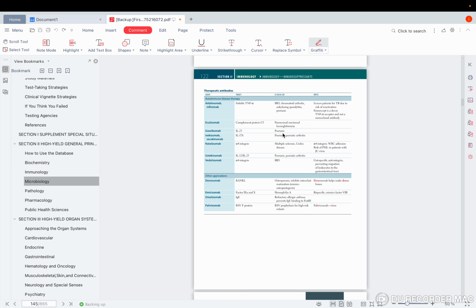I'm asking, if somebody has HIV and it's really bad, like he's in a state of AIDS, and then you do a PPD test on him, will he test positive or negative?